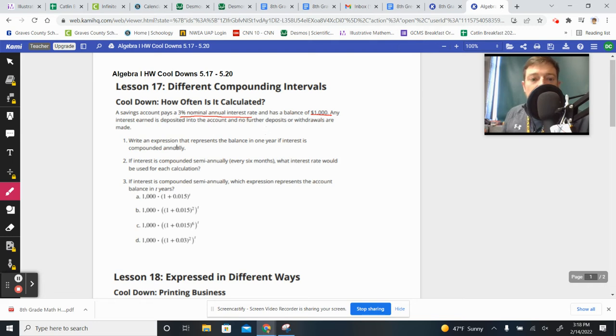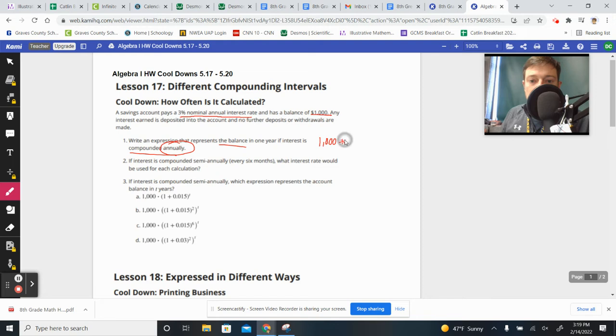There's not any special situations. Our job here is to write the expression that represents the balance, so how much is in there at the end of a year, and they're compounding it annually. That means they're only doing it once, so you don't have to worry about splitting that 3% up for this first part. You start with your 1,000, your beginning amount.